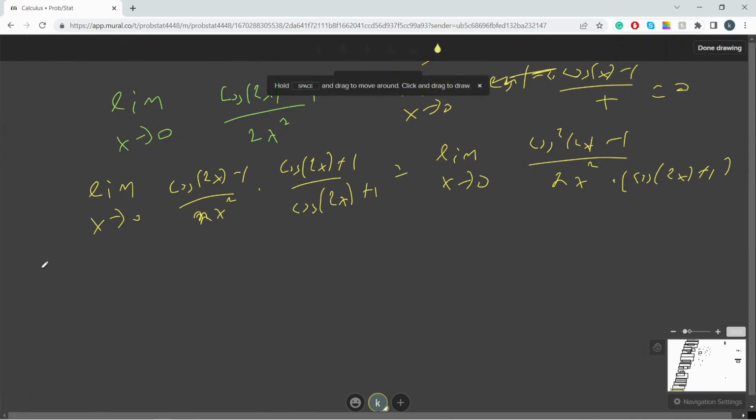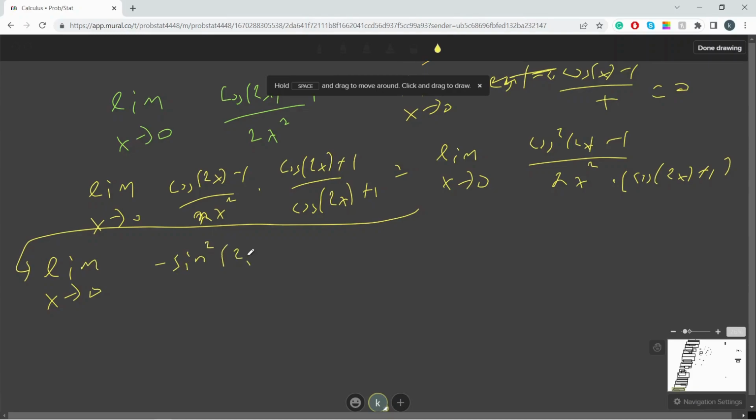So we're going to just take advantage of that. So this becomes the limit as x approaches 0 of negative sine squared of 2x divided by 2x squared multiplied by cosine of 2x plus 1.